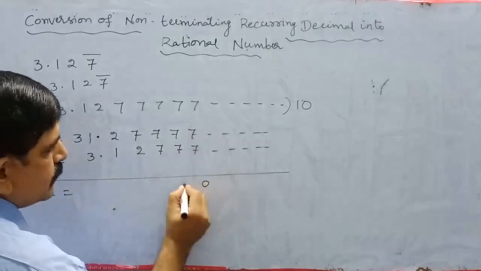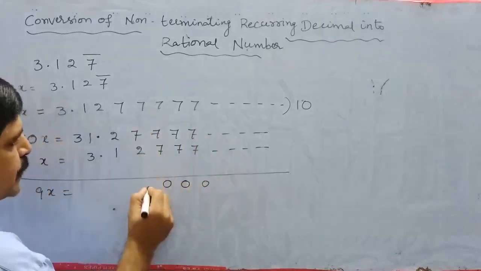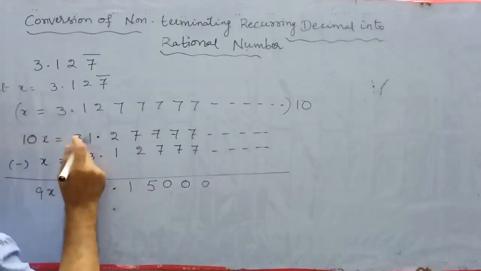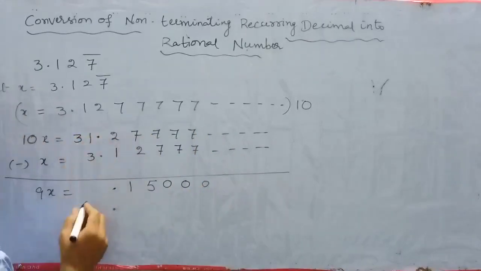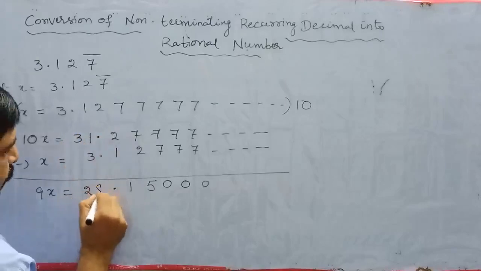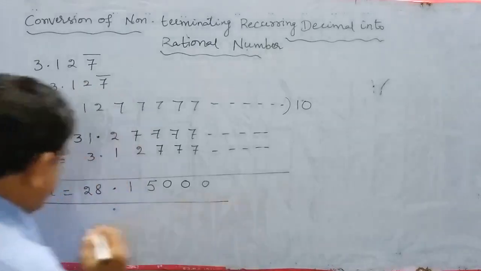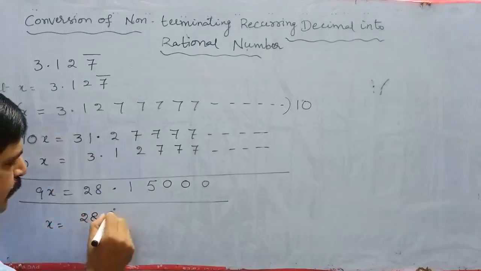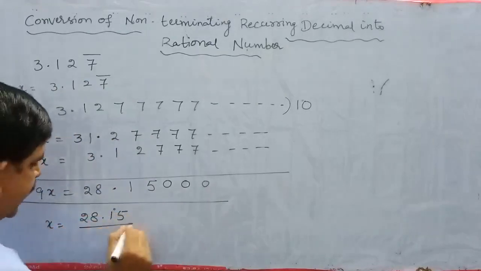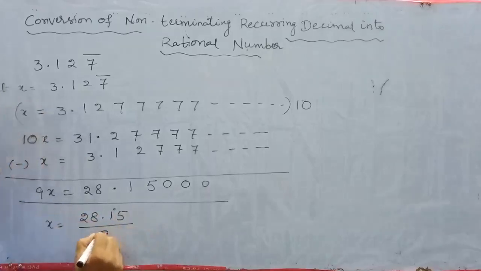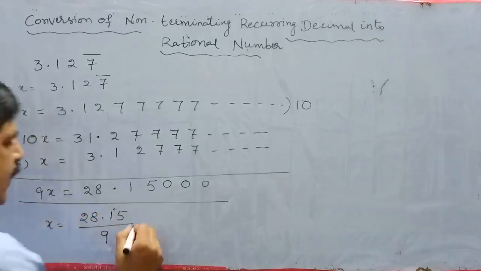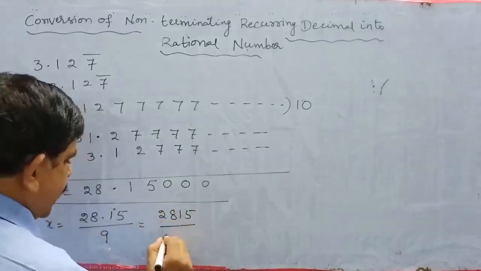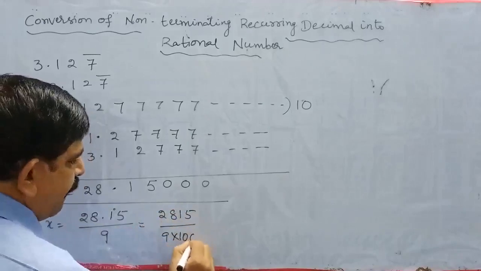Here 9x is equal to 31 minus 3, which is 28.15. Then x is equal to 28.15 by 9. Now this can be written as 2815 by 9 into 100.